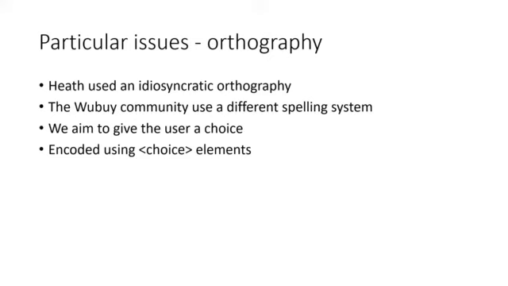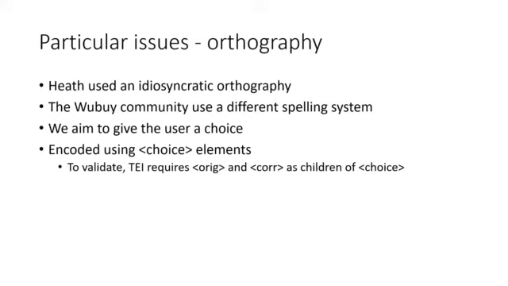And as you can see on the previous slide, this is encoded using these choice elements because it is a choice, right? Because you can have one orthography, you can have the other. Now, Daniel showed you the kind of elements you can have within a choice, and none of those actually say one spelling or another spelling. So we've ended up using original and correction as the children of choice because they're not exactly what we want, but we've used them because then we can validate.